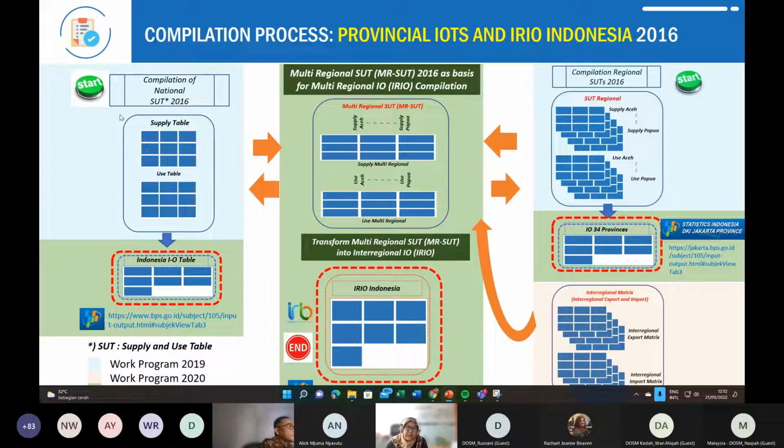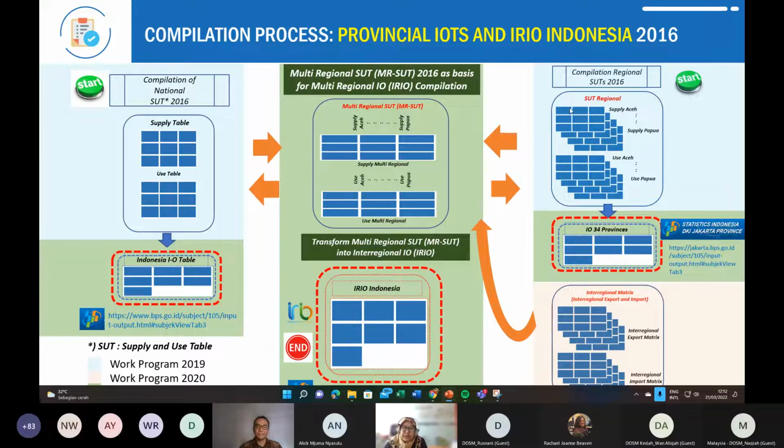At the initial project, there is a compilation of national and regional SUT. So each region and national level SUT is compiled through the compilation of supply and use tables. And then at the second year, we compile multi-regional SUT or MR-SUT 2016 as basis for multi-regional IO or IRIO compilation.